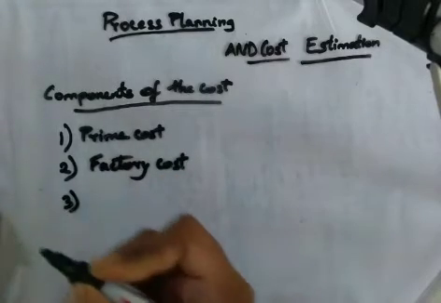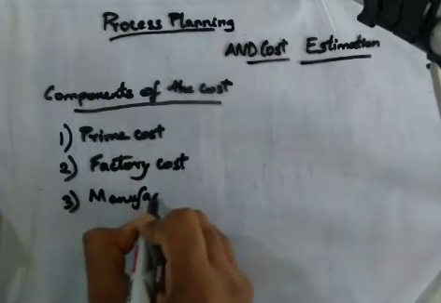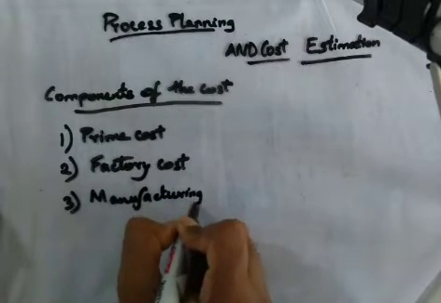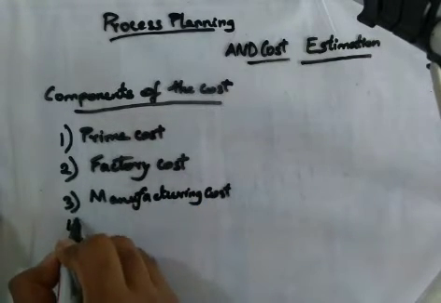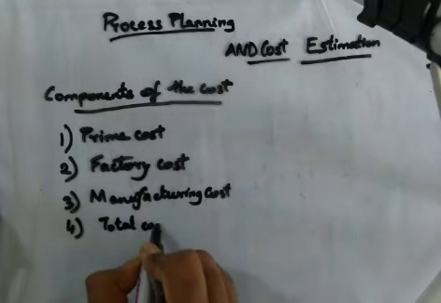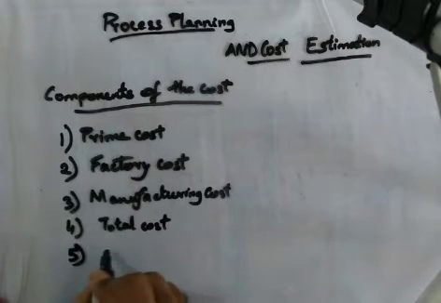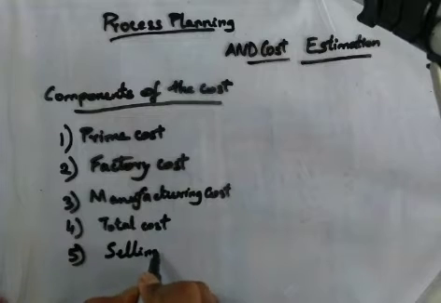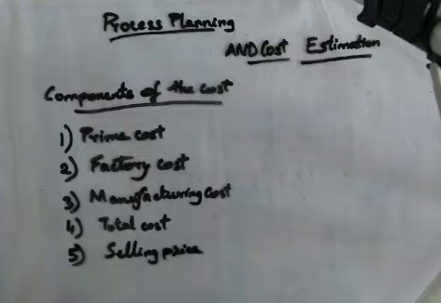Third is the manufacturing cost. The fourth is the total cost. The fifth is the selling price. These are the 5 terminologies used in determining the selling price of a product.